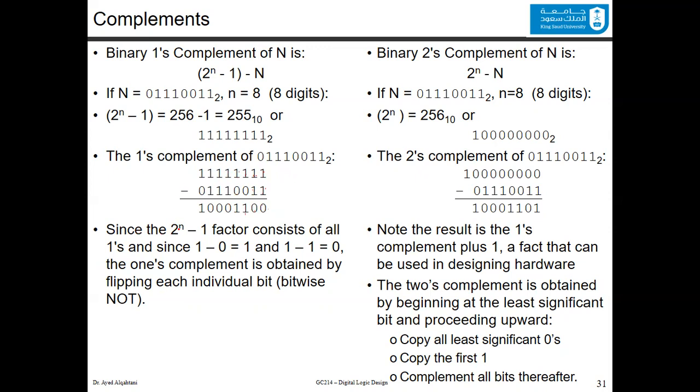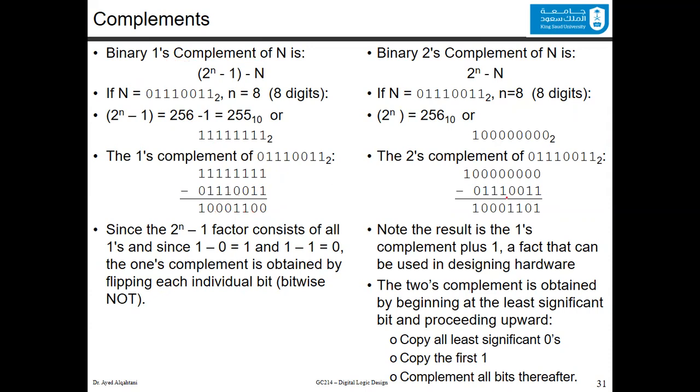Since the 2 to the power of n minus 1 factor consists of all ones, and since 1 minus 0 is 1 and 1 minus 1 is 0, the ones complement is simply you flip each bit. So if you have this number, you flip every bit. The 1 becomes 0, the 1 becomes 0, the 0 becomes 1, the 0 becomes 1, the 1 becomes 0, the 1 becomes 0, and so on. And this is what we studied before: if you want to generate the ones complement of a binary number, you simply flip all the bits.